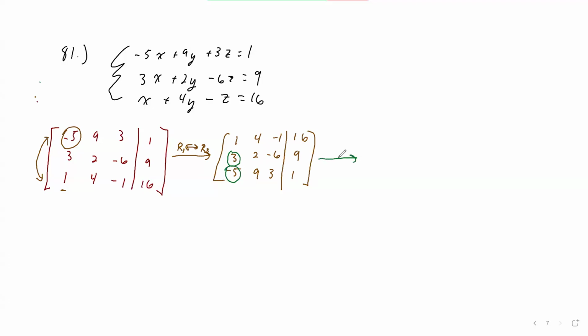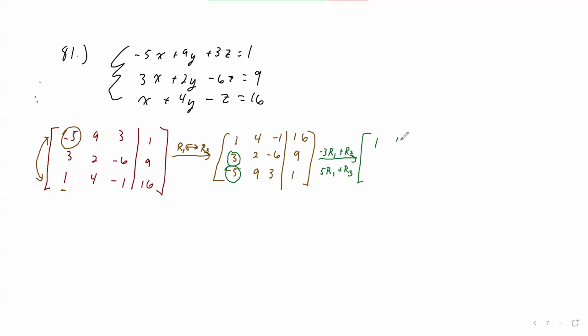So I'm going to do the opposite of this number times row 1. So it's going to be negative 3, row 1, plus row 2. Then I'm going to do 5 times row 1 plus row 3. And that will start off a big chunk of my triangle here.